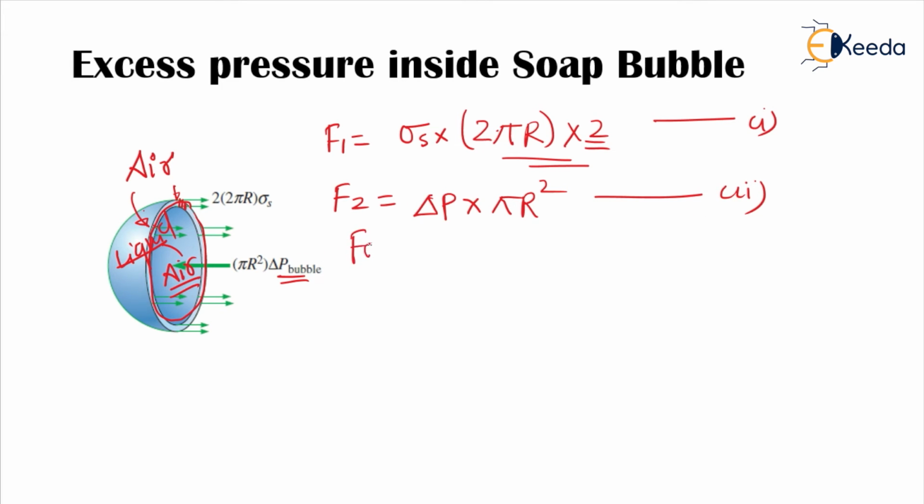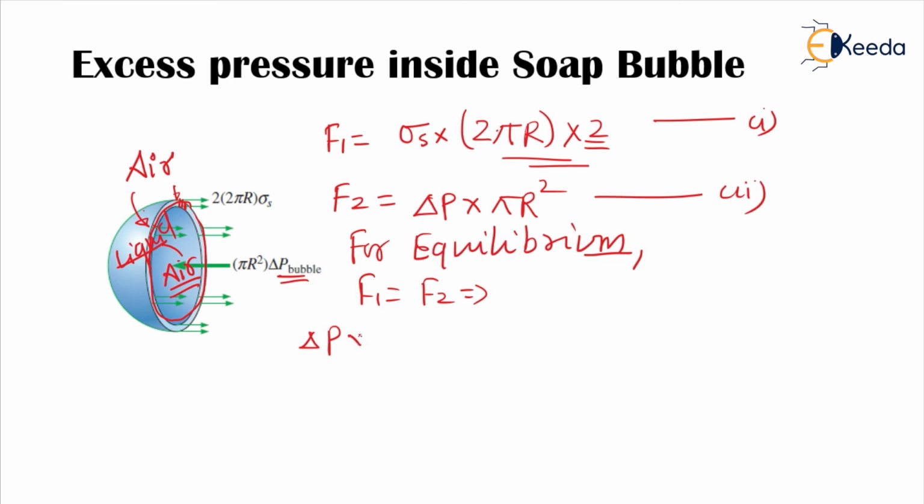For equilibrium, we know that F1 must be equal to F2. So we can write our equation as delta P into pi r square must be equal to 4 pi sigma s into r. Again, this pi and this pi will get cancelled out. Of r and r square, one r will get cancelled out.